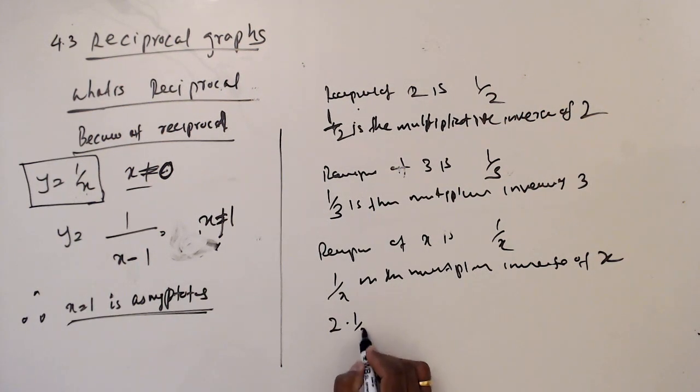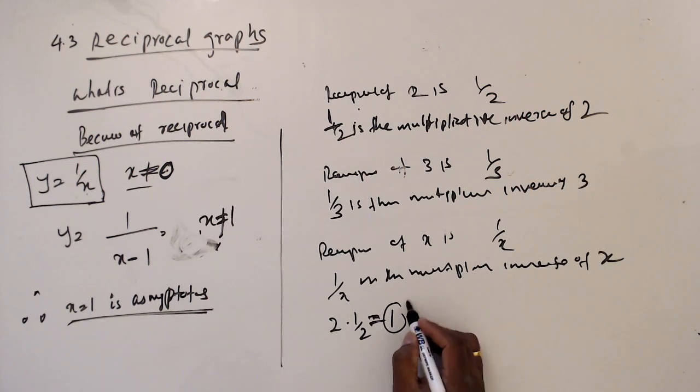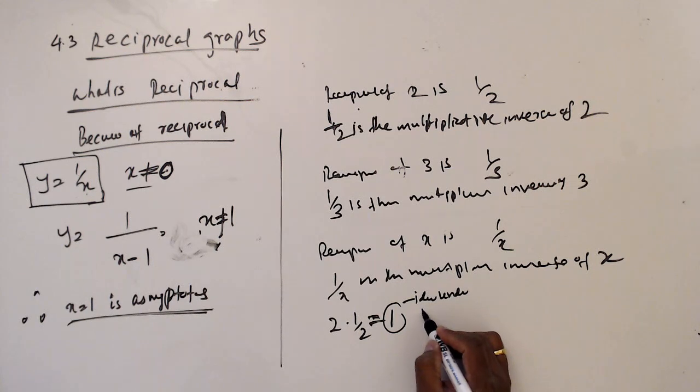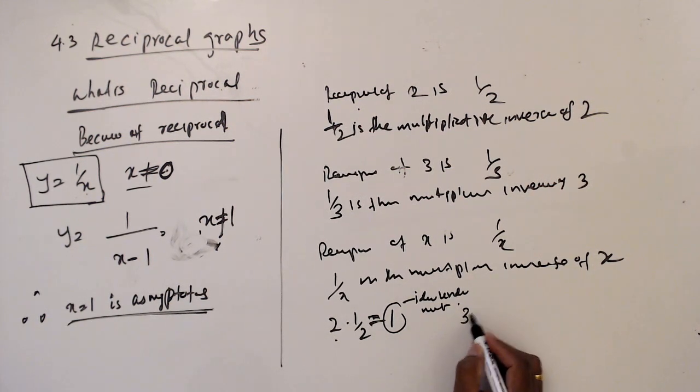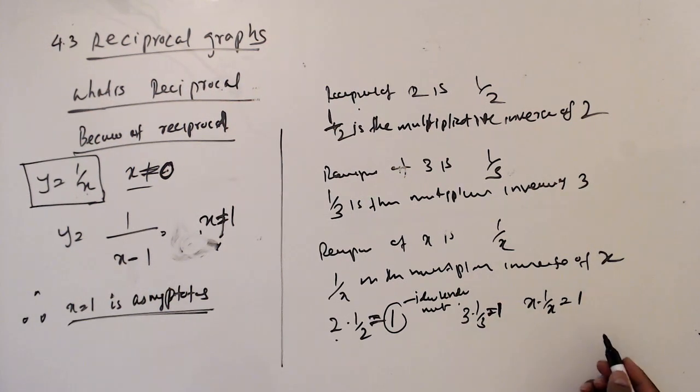In other words, 2 times half makes 1, because 1 is the identity under multiplication, and 3 times 1 over 3 is 1. Likewise, x times 1 over x is 1.